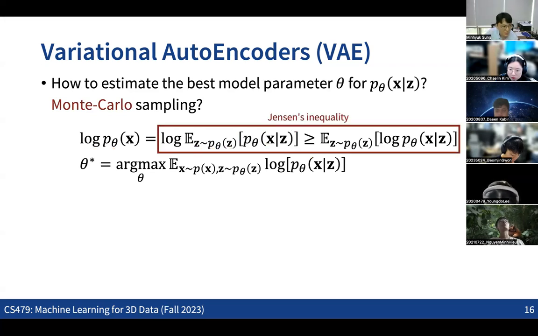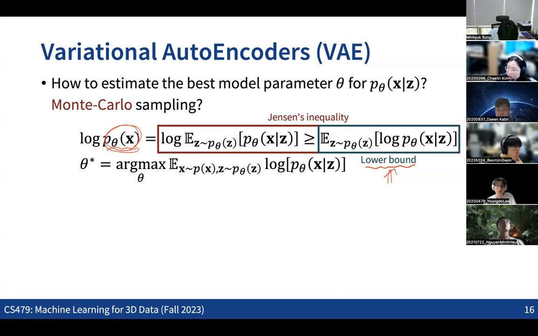From Jensen's inequality, if we switch the log and the expectation, taking the log first and then computing the expectation, this becomes a lower bound of the quantity that we are going to compute. So what we typically do is maximize the lower bound, in a way that we also maximize the probability for the given data samples. That is the very typical loss function that people are using.